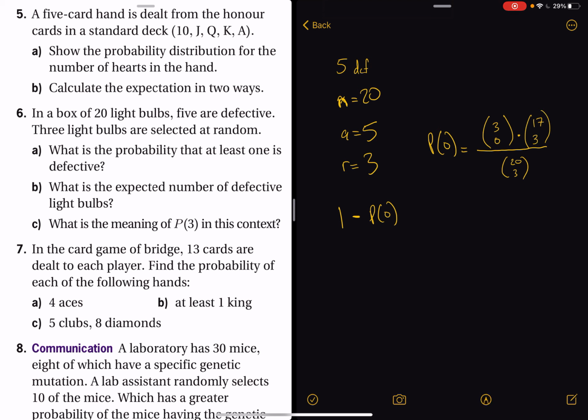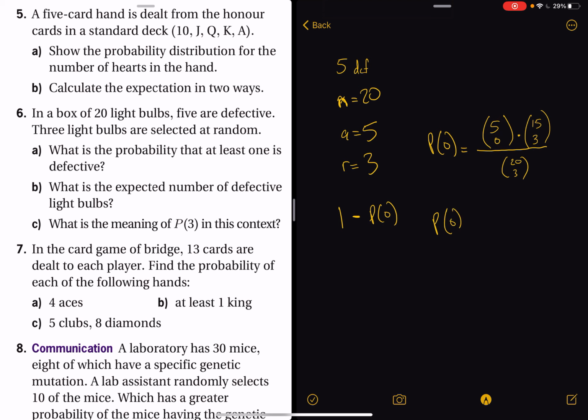No, it's not 17 choose 3. Let's do this again. I do 5 choose 0, right? Total of successes available, and I'm choosing none of them, multiplied by the number of failures, 15, and I'm choosing all 3. Right? And whatever that works out to be, I'll do the math right now.